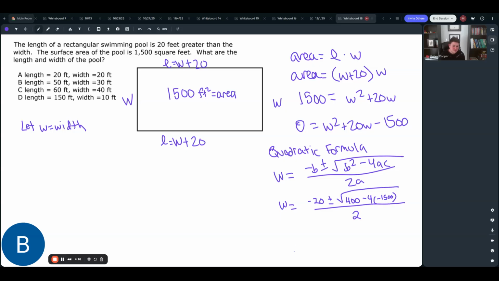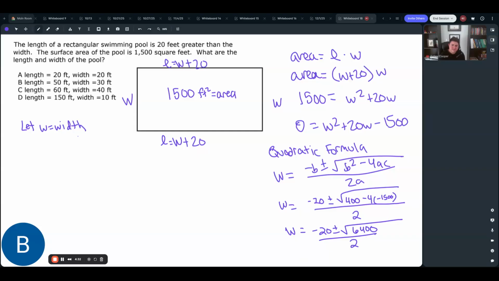A is 1. Let's keep going here. Negative 4 times negative 1,500 is positive 6,000. So 6,400 at the end of the day in here.